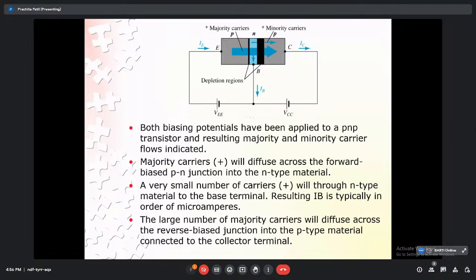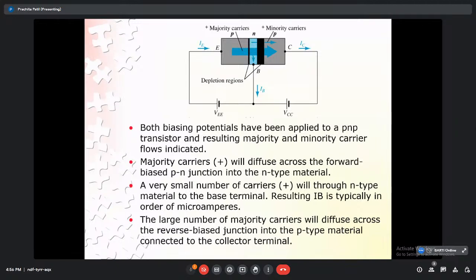Now you can see the entire picture, and that is most important, and that is happening always. That is how the transistor is expected to be connected. As I have mentioned, the emitter to base junction is forward biased and the base to collector junction is reverse biased. Using two batteries, VEE and VCC, we have connected two power supplies.